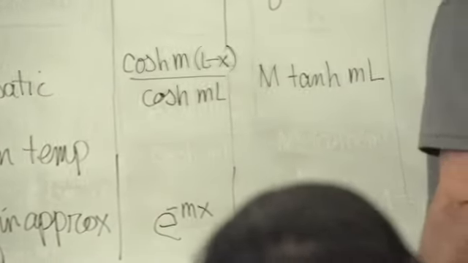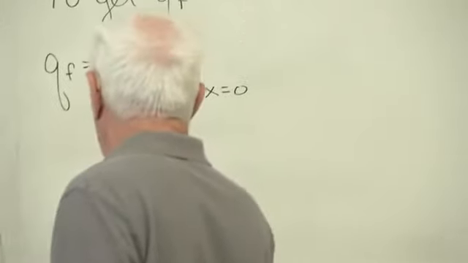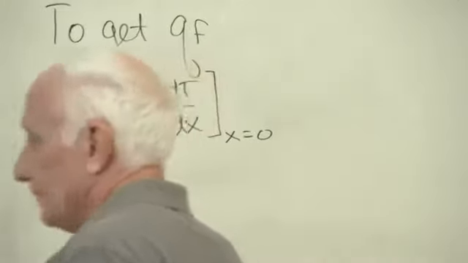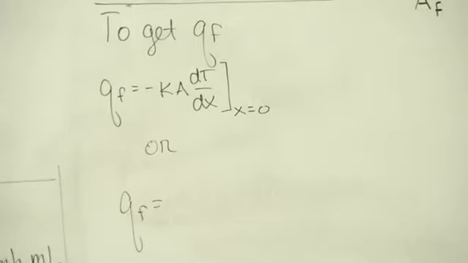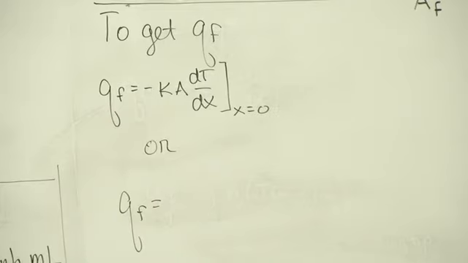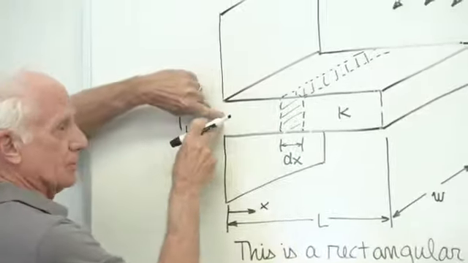But you could also do it by QF, and that is by convection. Let's see where our convection term is. Okay, here it is. If we look here, heat comes out of here by conduction.